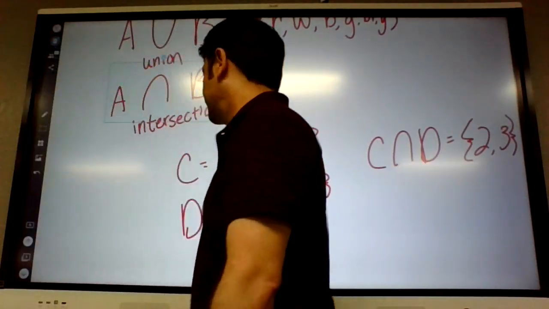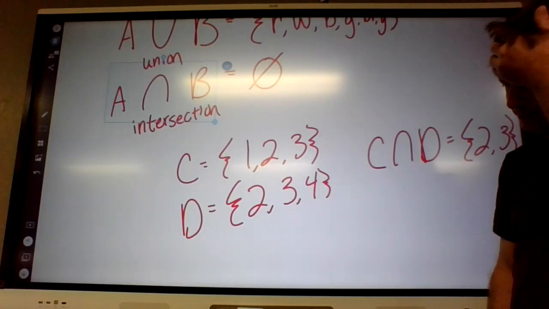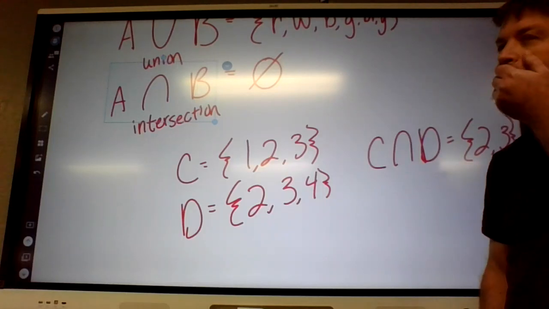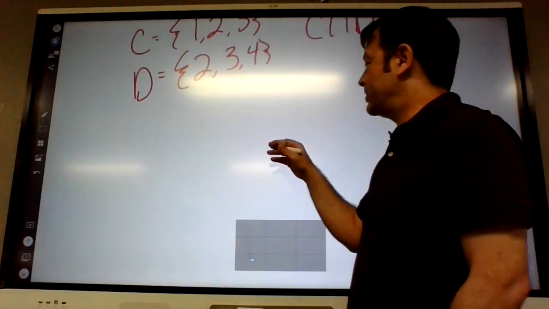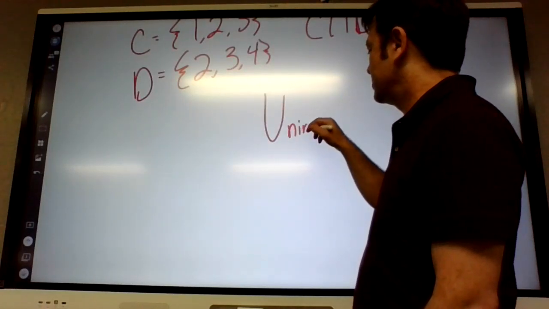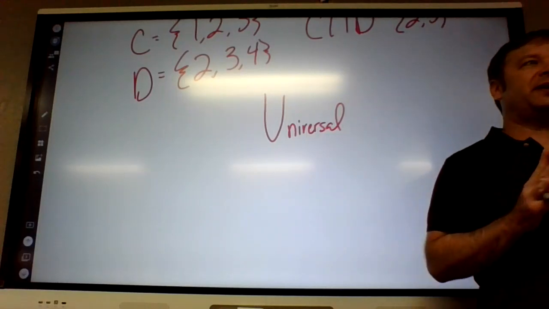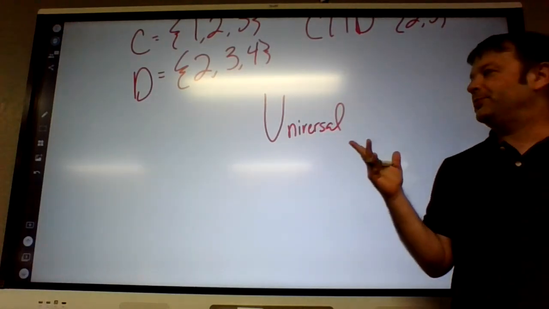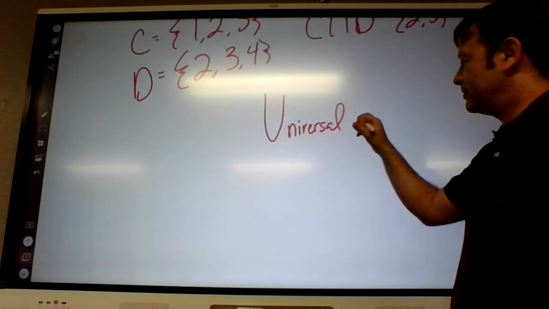Did we get them all? Oh, one left. Actually, there's kind of 2 left in a way. There's something called a universal set. And it's kind of a defined set, like whatever universe you want to live in, you kind of define it, or the book defines it, or whoever defines it.